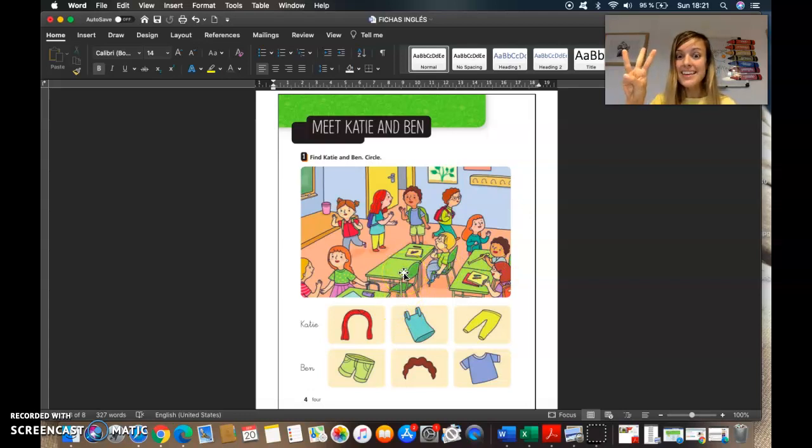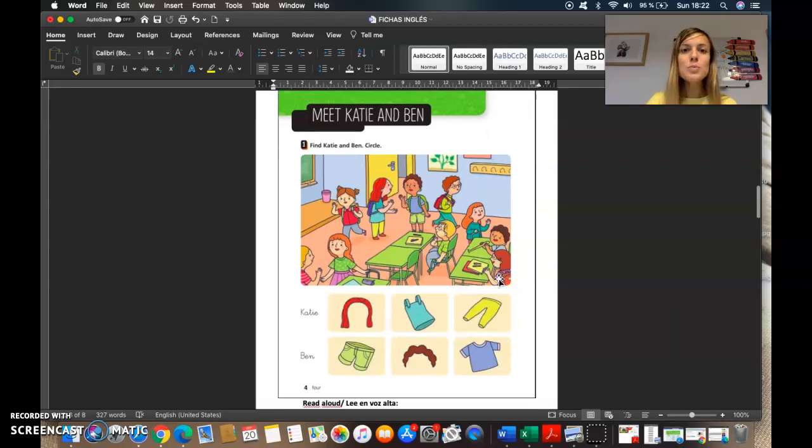Fantastic! There are 3. And how many of them are standing up, like me, right now? 1, 2, 3, 4, 5, 6, 7. Great, so in total, how many boys and girls are there? How many children are there in total? 7 plus 3. 1, 2, 3, 4, 5, 6, 7, 8, 9, 10. There are 10 children in the classroom. Fantastic. Now let's move on.